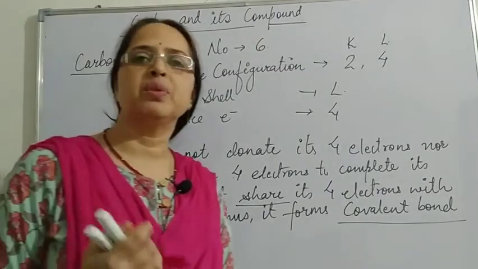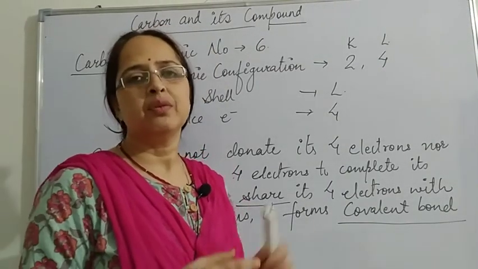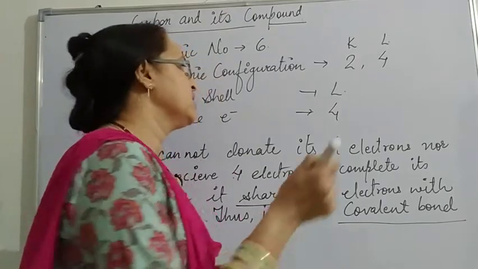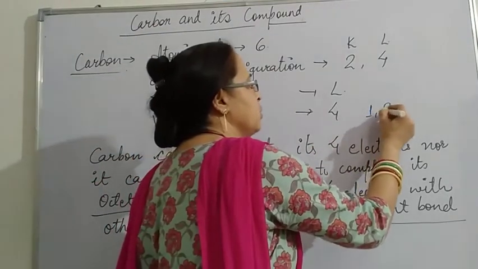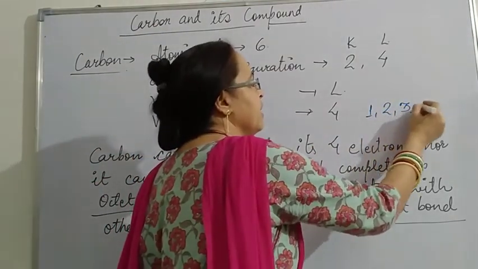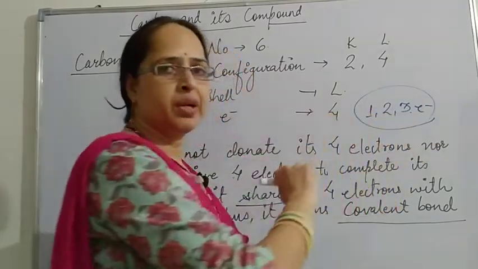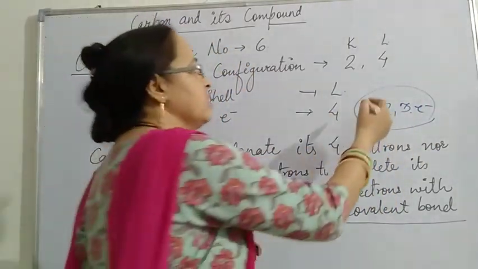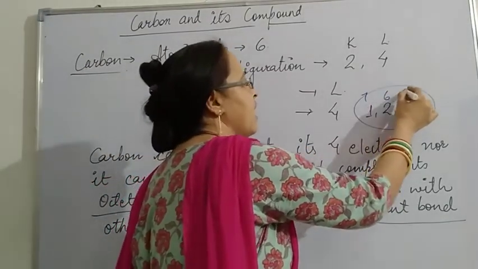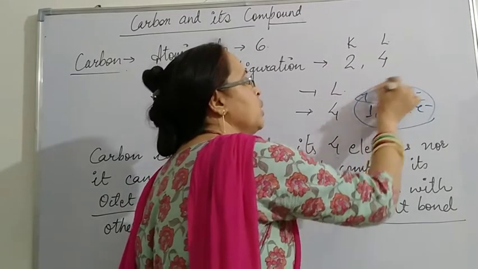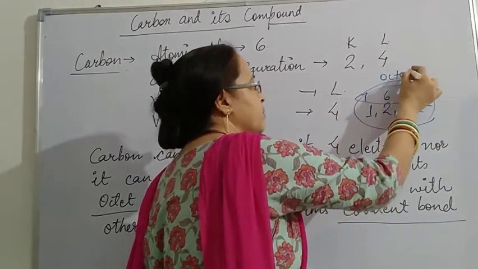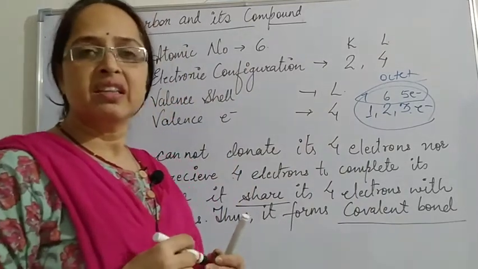Now we are talking about bonding. You know that when any atom has 1, 2 or 3 electrons in the outermost orbit, it requires 7, 6 and 5 electrons to complete its octet.